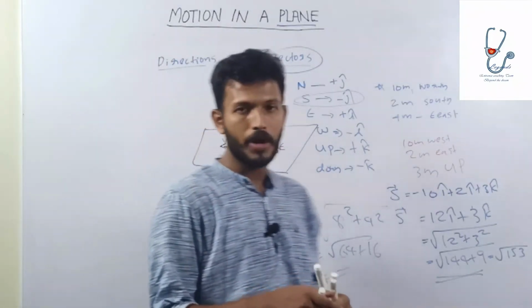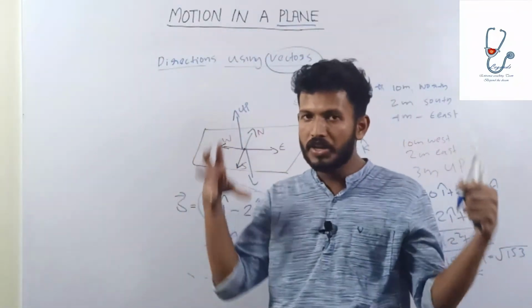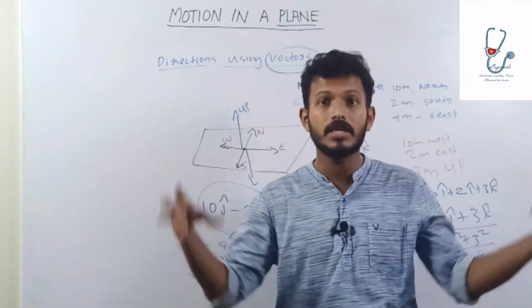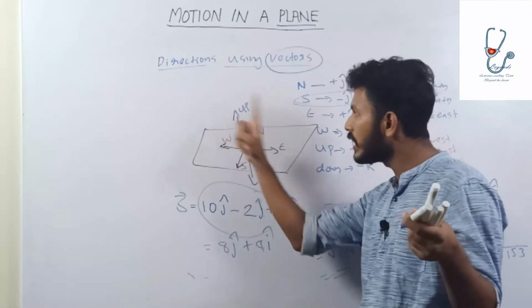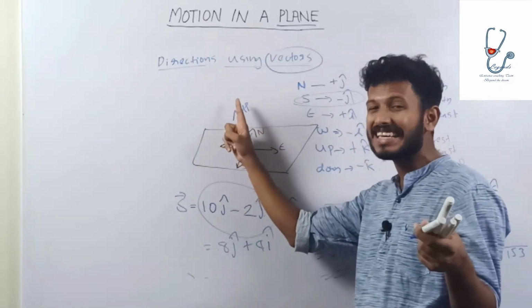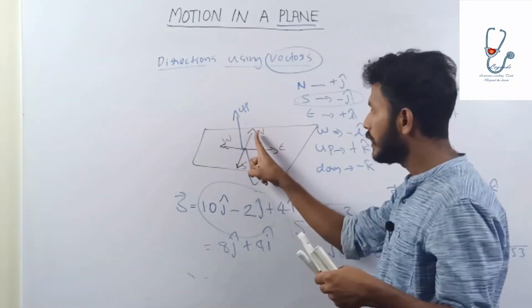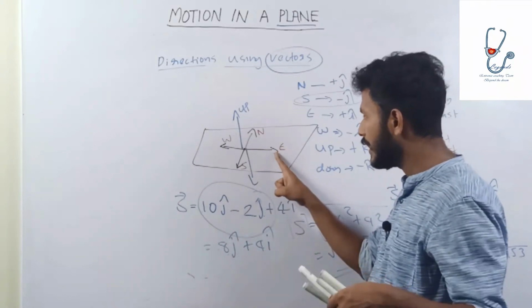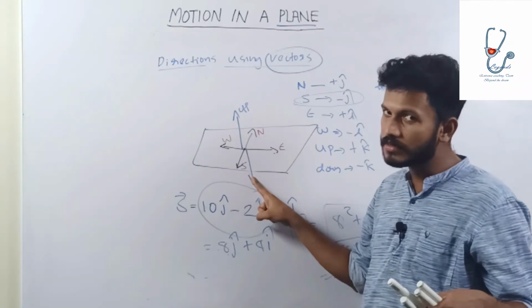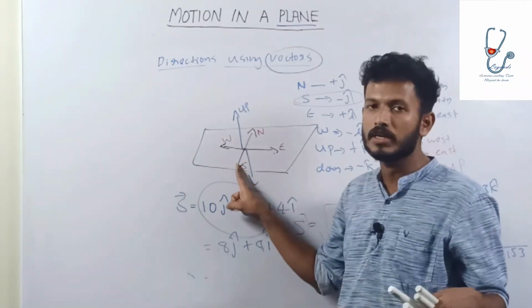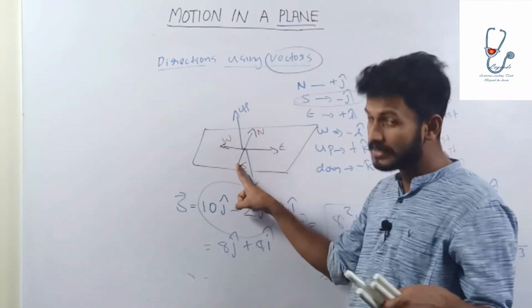What is our important point? Which unit vectors represent directions? Upward direction is plus k cap. North is plus j cap. East is plus I cap. Downward is minus k cap. South is minus j cap.